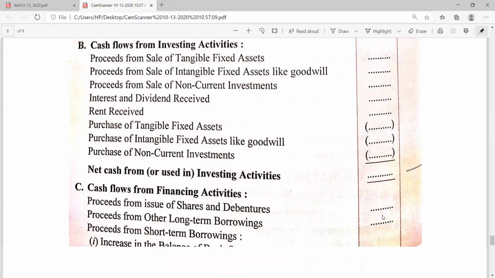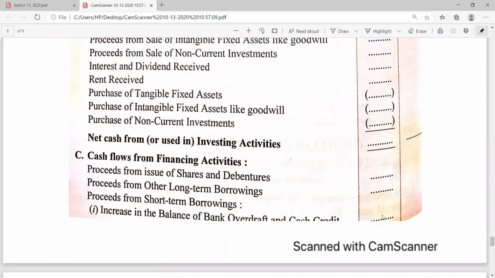If I talk about C, cash flow from financing activities, all those activities which have inflow or outflow of cash due to financial activities. It means issue or redemption of shares and debentures. Proceeds from issue of shares and debentures, proceeds from long-term borrowings, and proceeds from short-term borrowings are to be shown in financing activity.